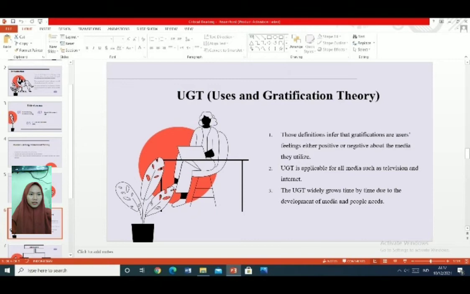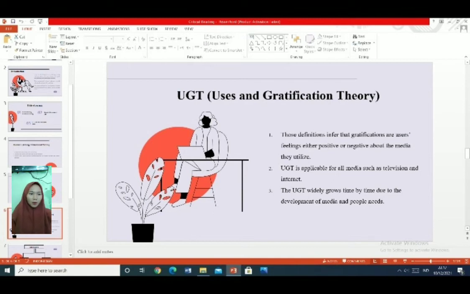And the next, UGT, uses and gratification theory, has 3 points. The first, the definition infers that gratifications are user feelings, either positive or negative, about the media they utilize. And the second, UGT is applicable for all media such as television and the internet.